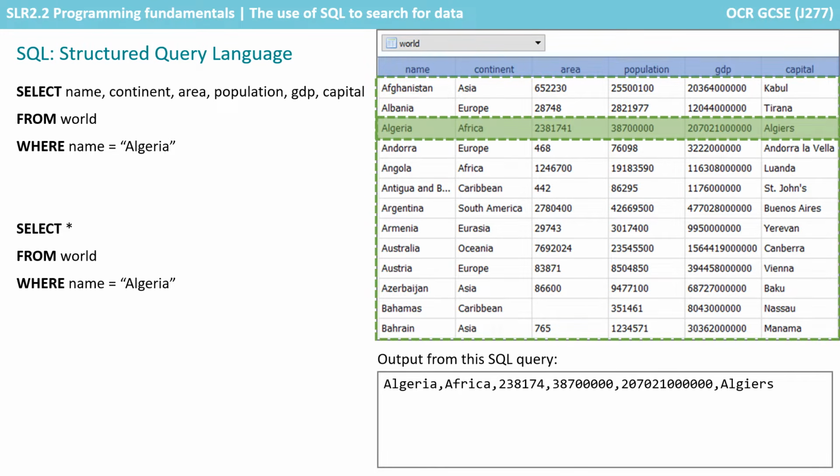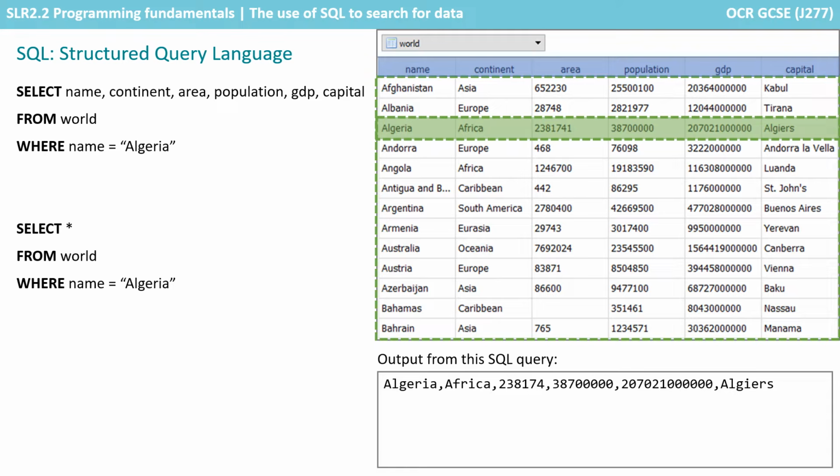So let's look at another example. Here we've got select name, comma, continent, comma, area, comma, population, comma, GDP, comma, capital. So that's listing all the fields in the world table. So select all the fields from the world table, but only where the name field equals Algeria.